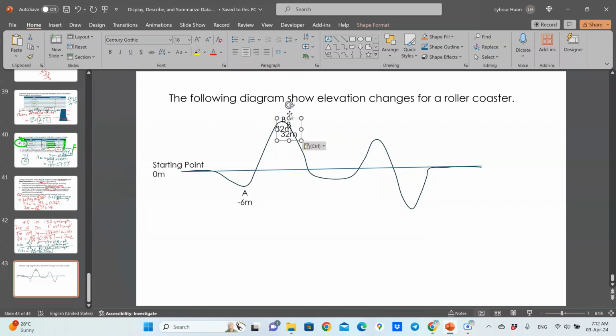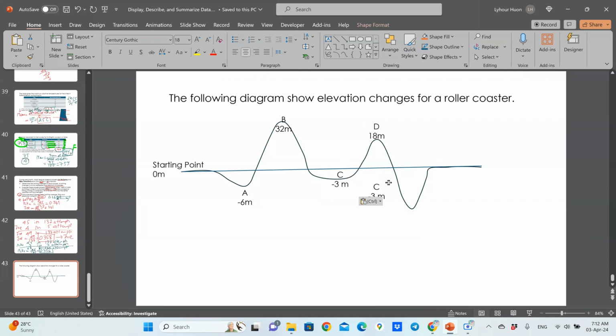And then you can see here is -3 meter. Point D is 18 meter.